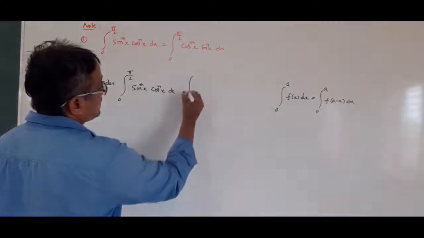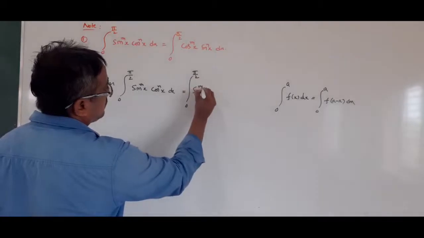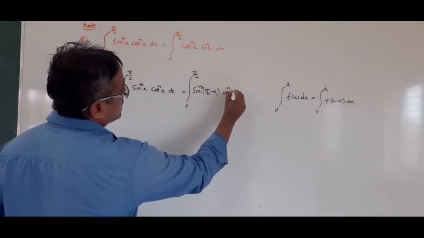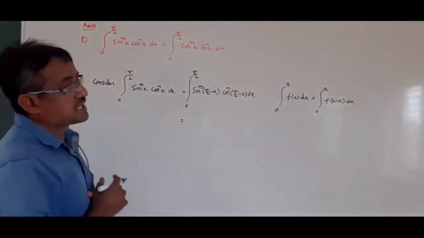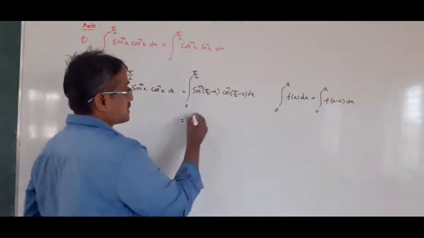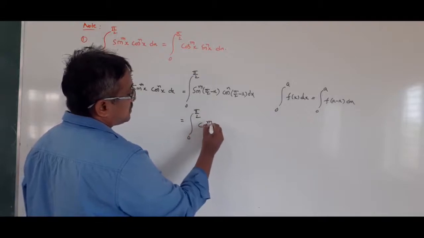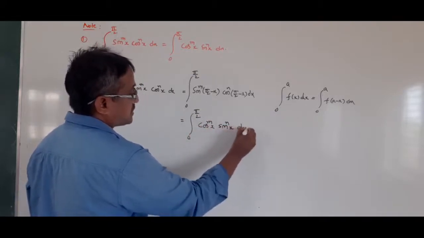So this can be written as integral 0 to pi by 2 sin power m of (pi by 2 minus x) into cos power n of (pi by 2 minus x) dx. Now sin of (90 minus theta) is cos theta, and cos of (90 minus theta) is sin theta. So 0 to pi by 2 cos power m x into sin power n x dx.